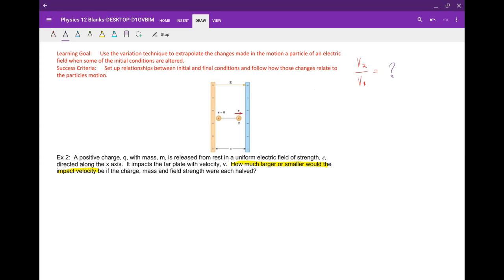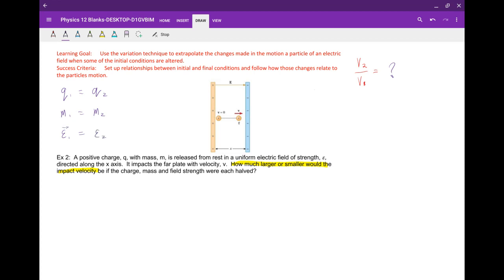There could be a bunch of stuff over there, and then we just have to do some simplifications. I'm going to write down a couple of scenarios. I'm going to say that Q1 is equal to Q2, and M1 is equal to M2, and field strength 1 is equal to field strength 2.